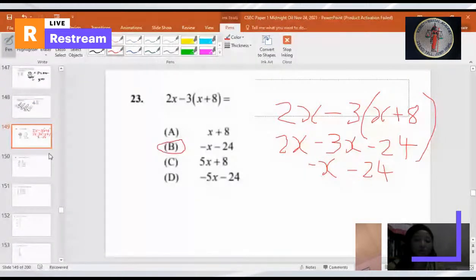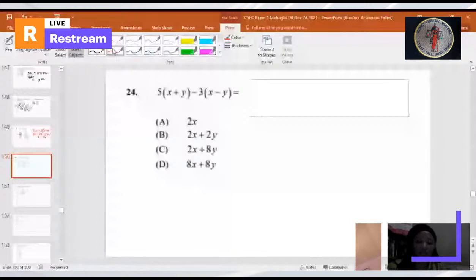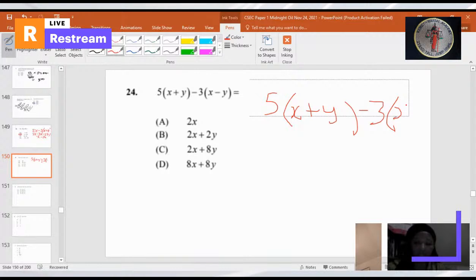All right, so here now, again, we need to expand. So we have 5x plus y minus 3 times x minus y. So expanding the brackets, 5 times x, 5 times y, positive 5y.